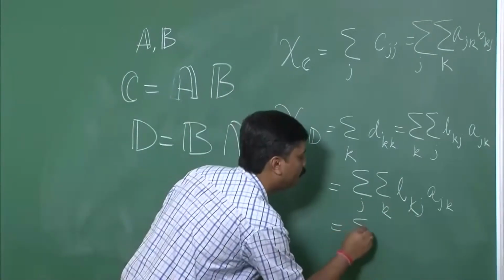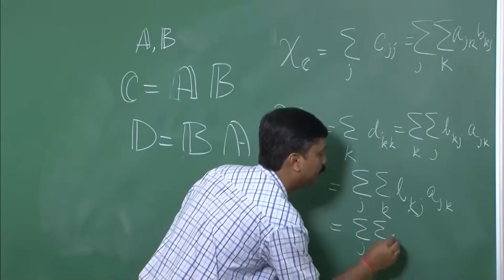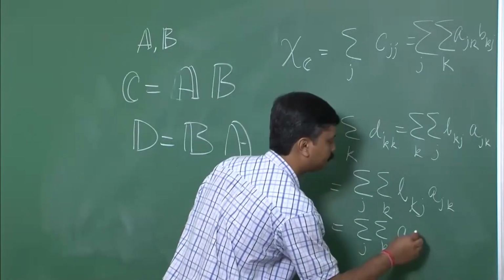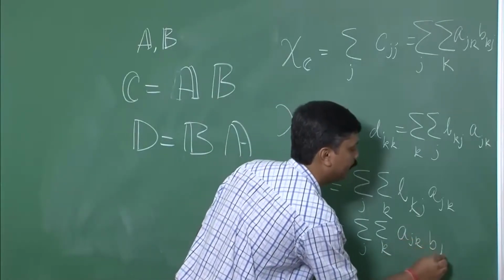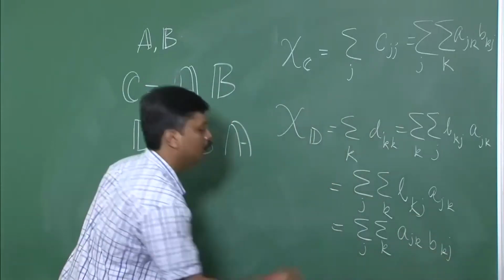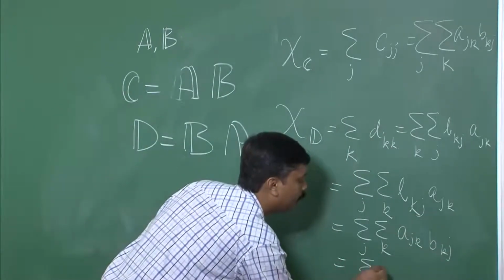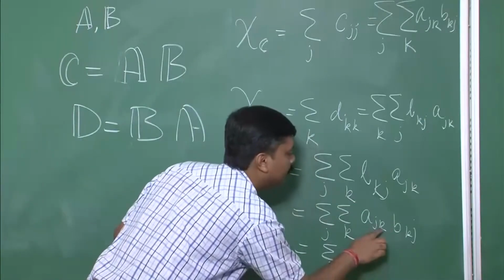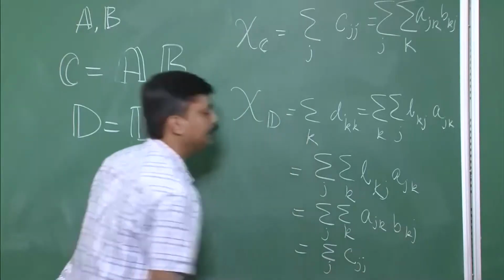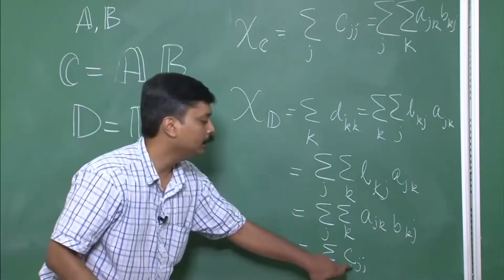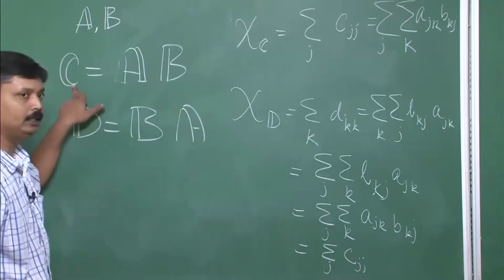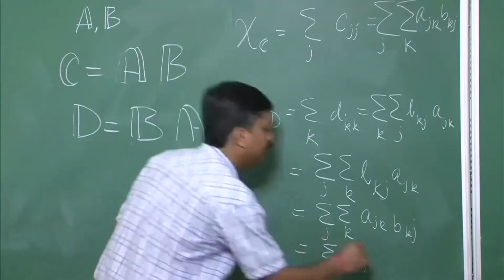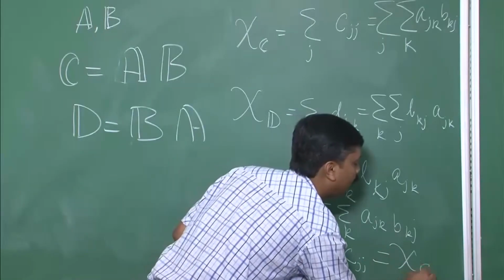So I can write it like this: A_jk and B_kj, which is nothing but the product A B, which is C. This will be C_jj, which means these are the diagonal elements of the matrix C, and I am summing over all j. Okay. So this is nothing but the character of the matrix C.